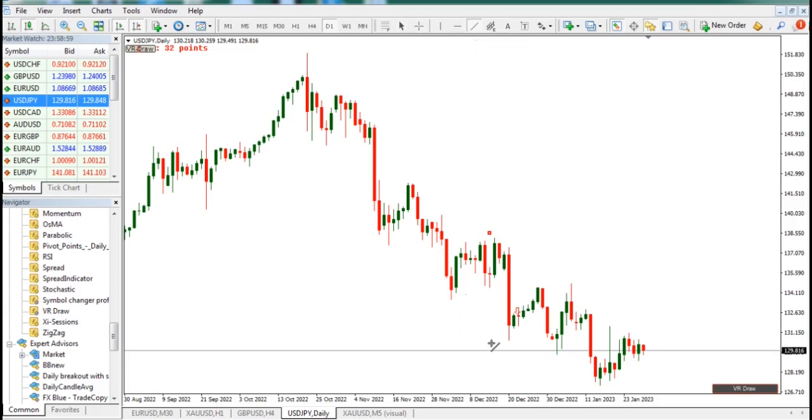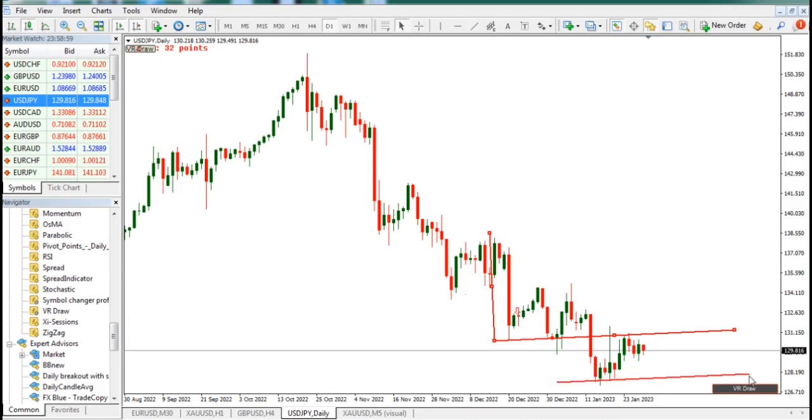You could even draw a horizontal line here, and I'll explain why this is not the perfect one, but it's not a problem. We will drag a little bit upside. So this one till here, and another one at the bottom like this.